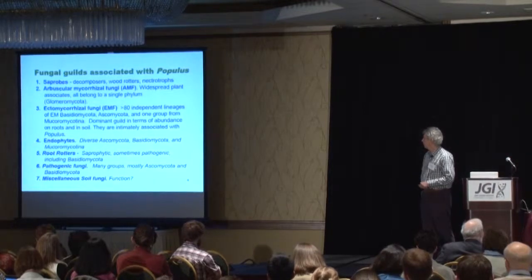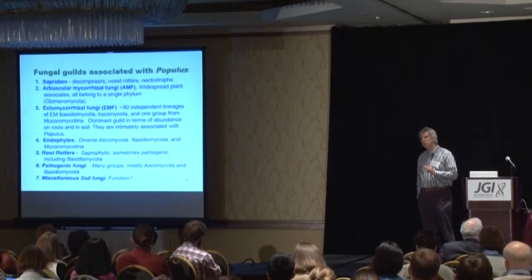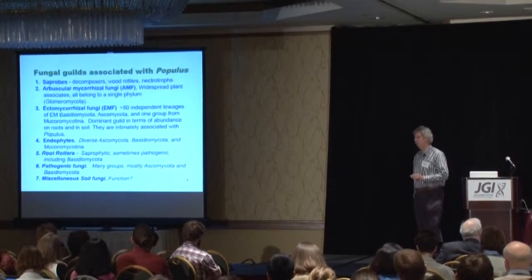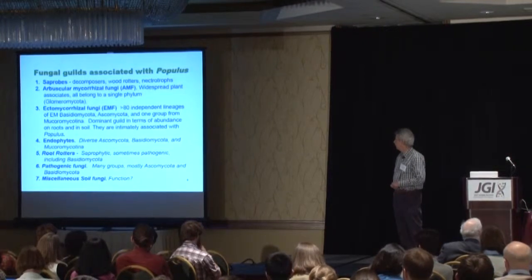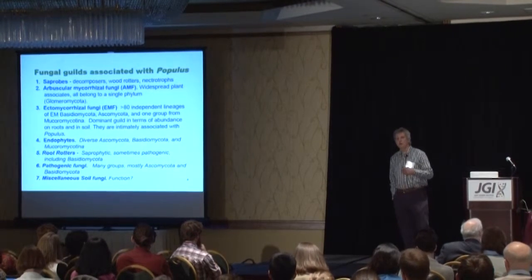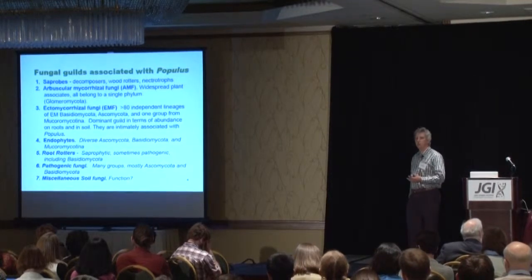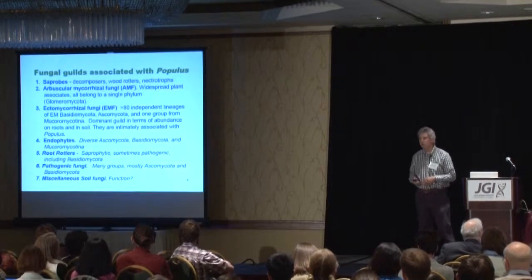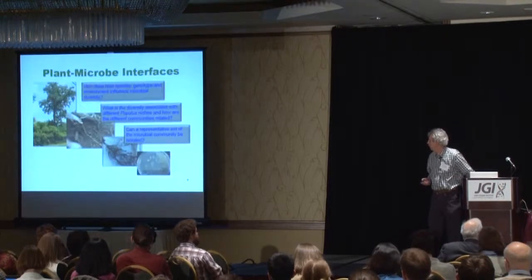And as I mentioned, the endophytes, there's a diverse number of these fungi, but we still don't really know what their functions are. And then, of course, there's a huge array of pathogenic and parasitic fungi occurring on these plants, and those are better studied.